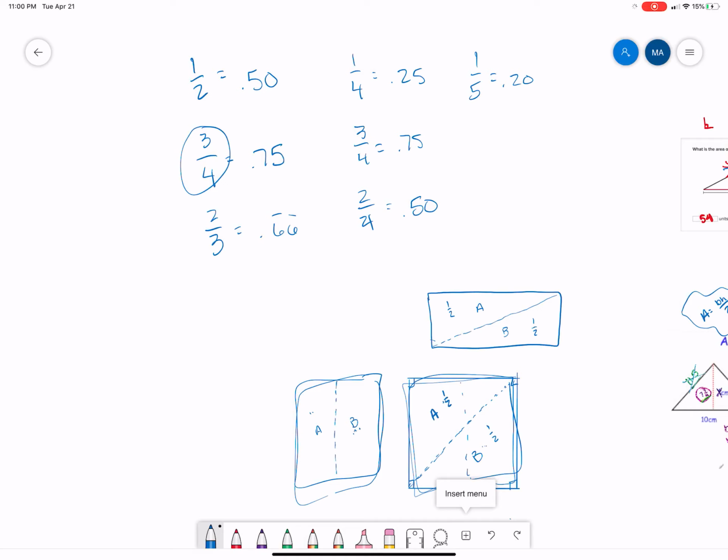Those are common ways to convert a fraction to a decimal, something we learned back in quarter 1 going into quarter 2. So make sure you remember that.